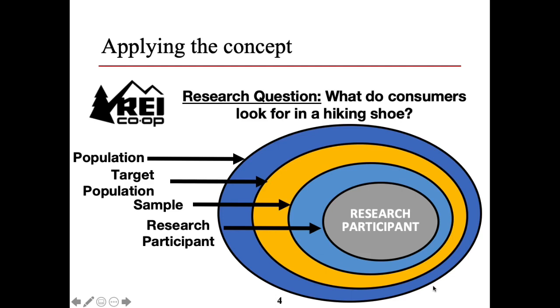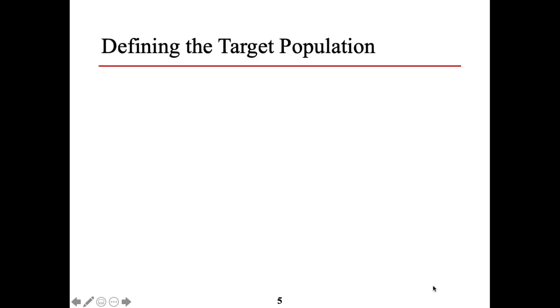So to go forward and talk about defining our target population, you might ask, why would it cost anything to launch a survey when anyone could do this online for free?